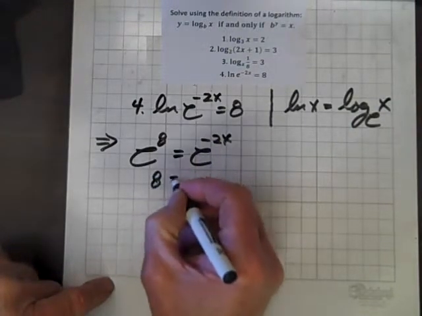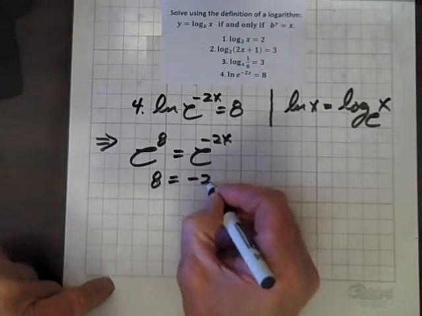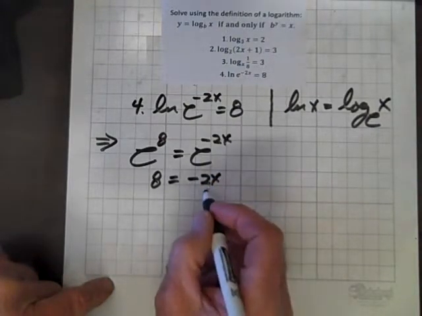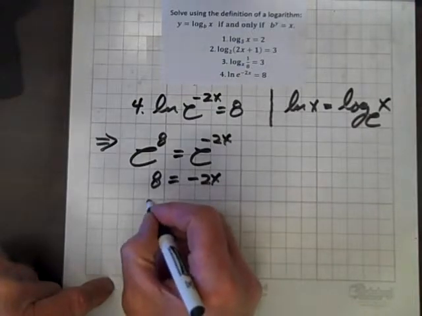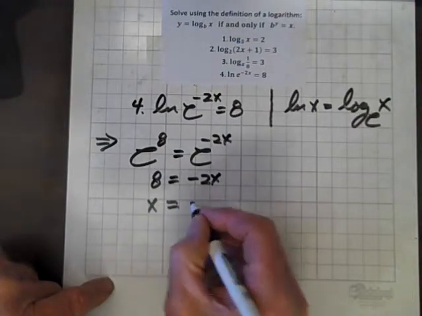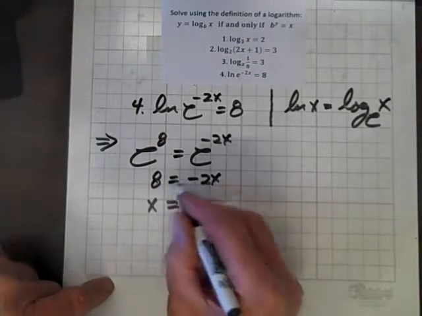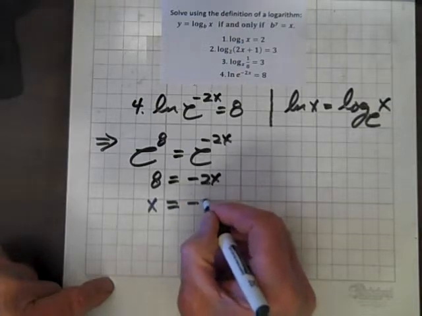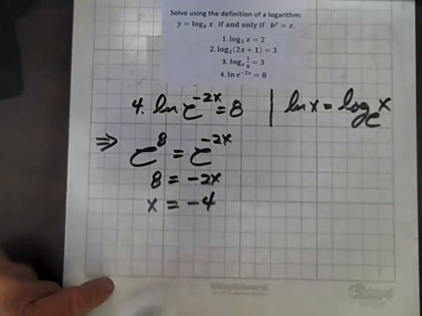So 8 equals negative 2x. Now, if we divide through by negative 2, we'll have x equals, and 8 divided by negative 2 is negative 4. And we're done.